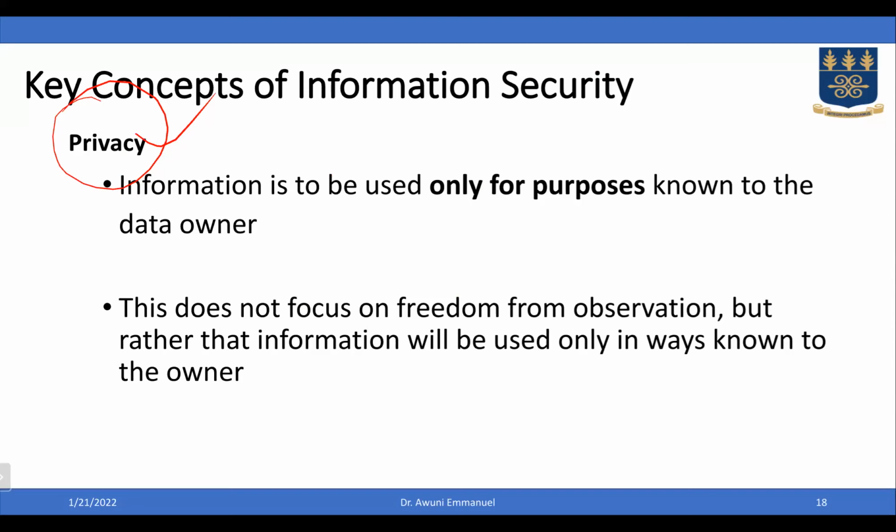That is why sometimes we have to set a PIN. You want to protect your privacy. There is also the Data Protection Act 2012 that helps to protect our privacy. So if your privacy is compromised illegally, you can take the person on. Privacy has become one of the key concepts or key areas in terms of information security.